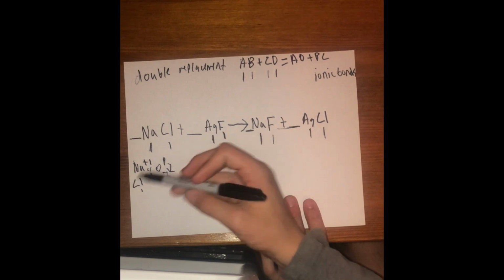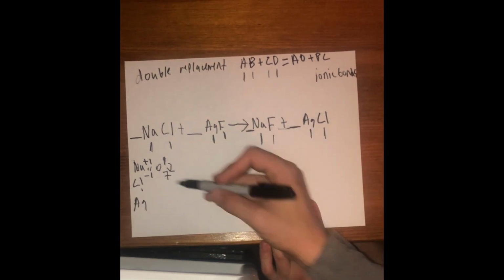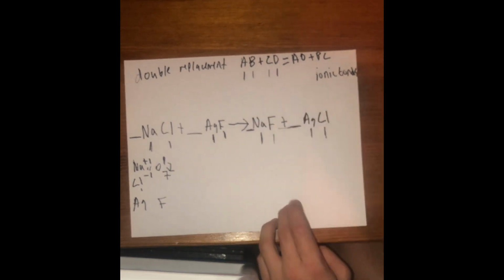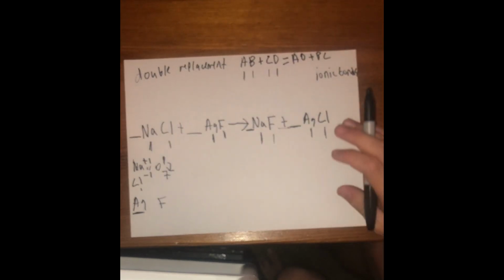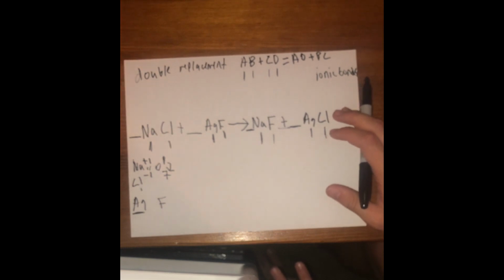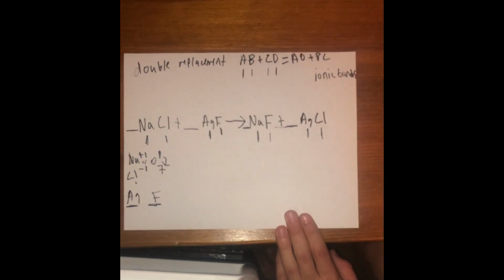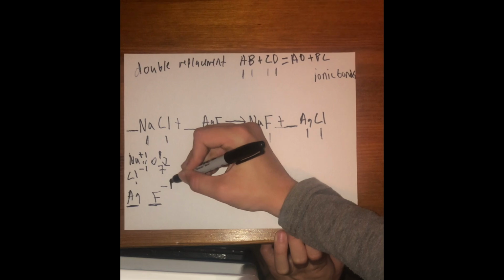Let's do it for silver and fluorine. We get Ag and fluorine. So here's a little difference. Silver is a transition metal, so we have to figure out what the charge of fluorine is, which is a nonmetal on the right side of the periodic table. Fluorine is a -1 charge.